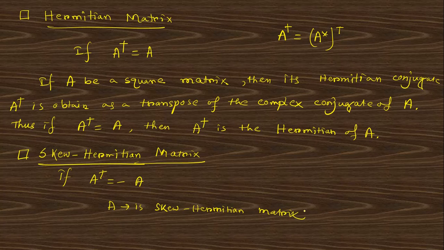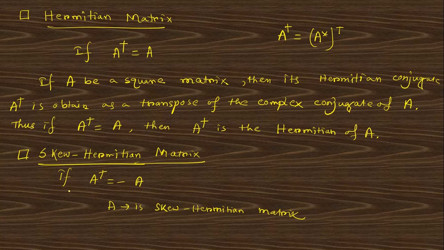So to find out whether it is Hermitian or skew Hermitian, you must take the complex conjugate and then transpose. If we get this relation, it is a Hermitian matrix. If we get this relation, it is a skew Hermitian matrix. And if we do not get any relation except these two, then you must say this is a non-Hermitian matrix.